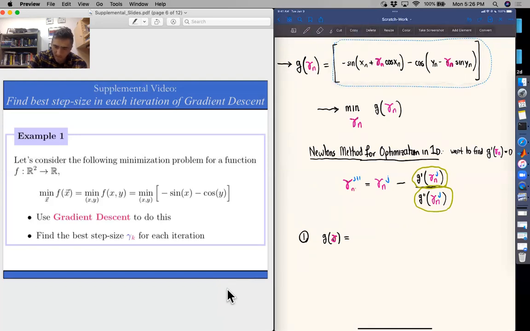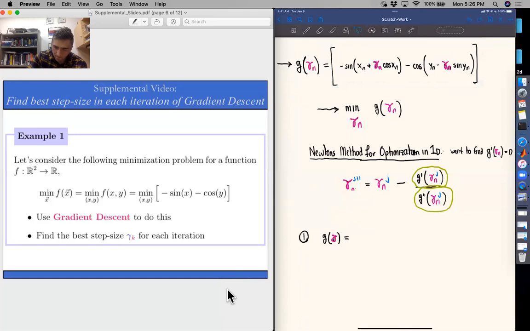Just copy down what we had before. And for right now, I'm just going to get rid of the subscript on the gamma. These are functions of gamma. So we compute g prime, taking derivatives with respect to gamma, not xn or yn.